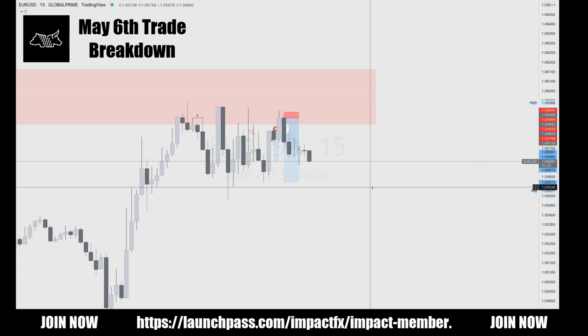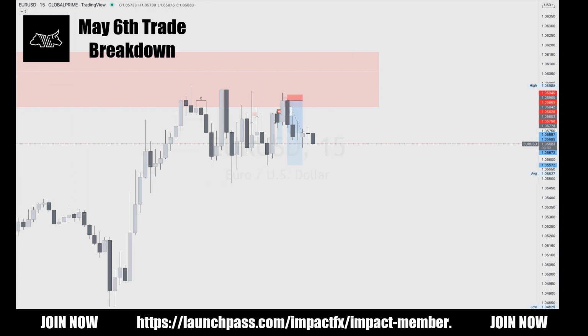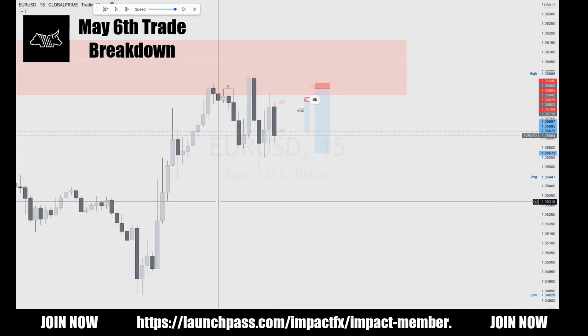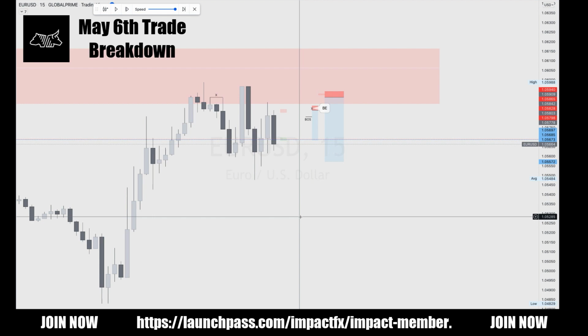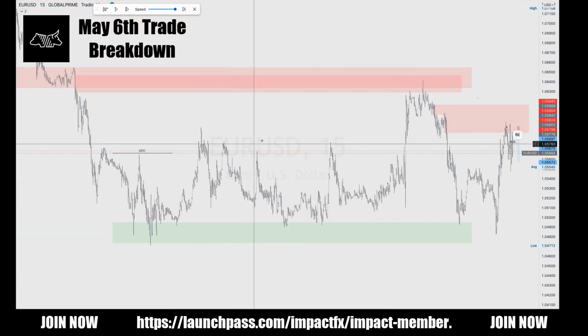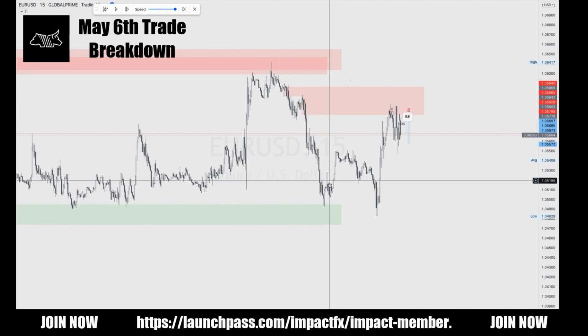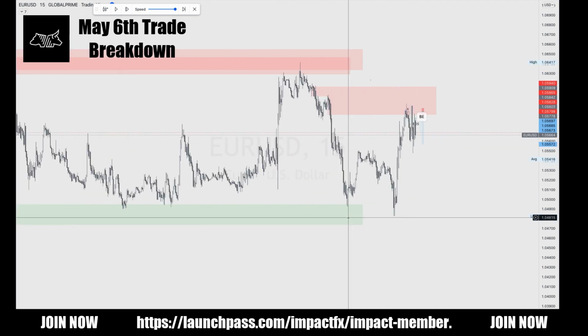For me, I'm a scalper, so I will scalp between supply and demand on the micro scale, and that can be from the 15-minute all the way down to the 1 minute. It's completely fractal. You can scalp supply and demand on the 1 hour. You can take a swing trade off the 15-minute, from supply on the 1 hour all the way down to the 1 hour demand.